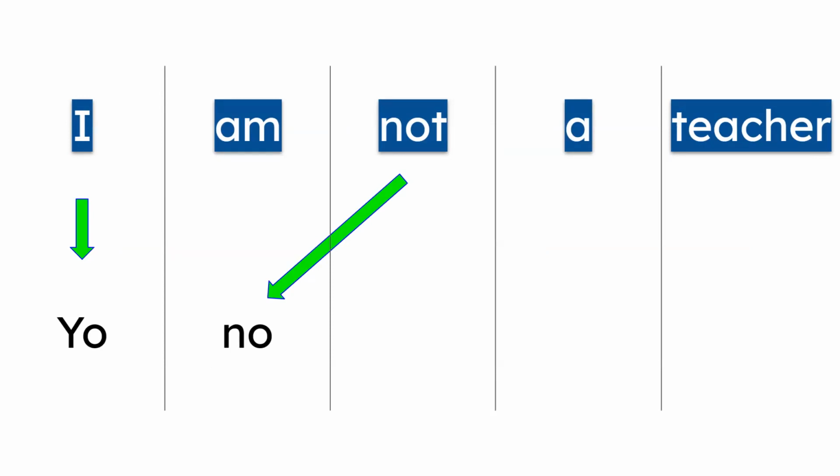Well, there is something special going on in Spanish. Whenever we make negative statements, first we start with no before the verb. So we place the pronoun yo, and then immediately there we need to place no. Yo no. And then it's followed by the verb.